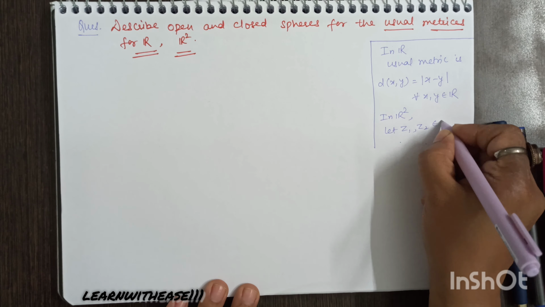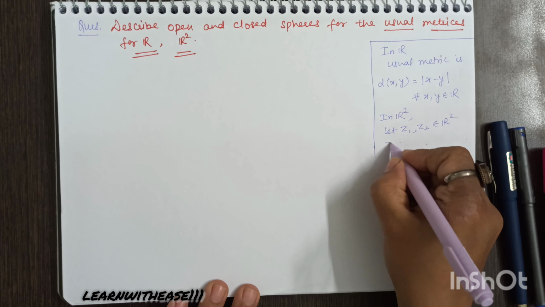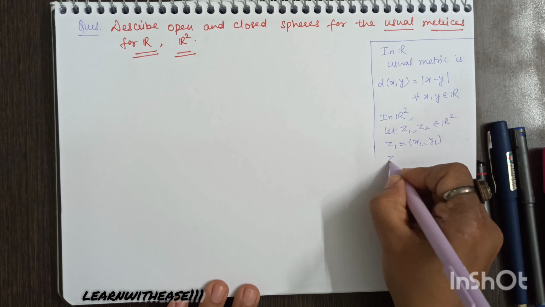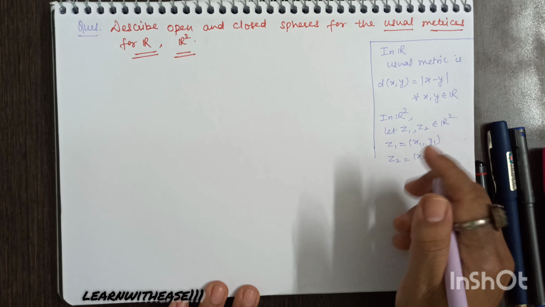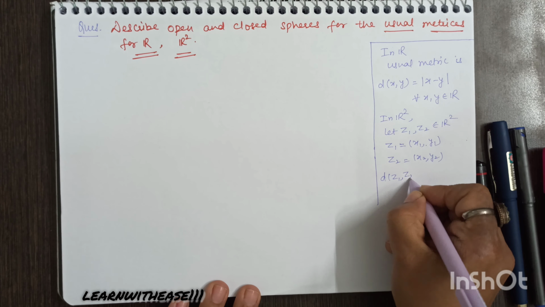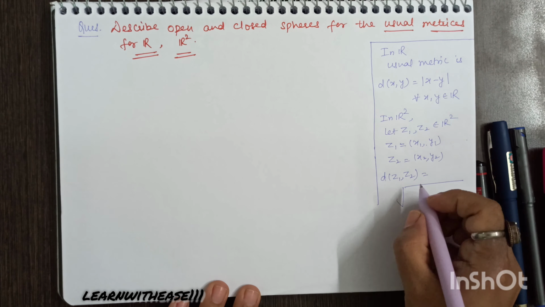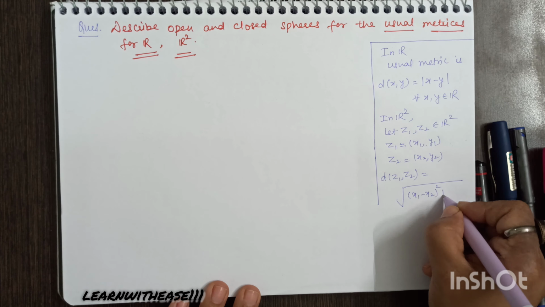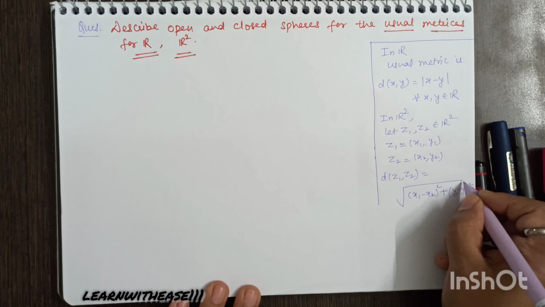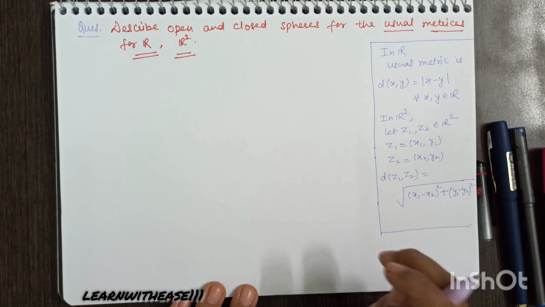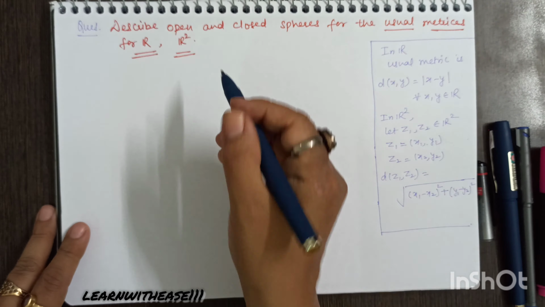And in R2, suppose you take two elements, both of them will be two-dimensional: (x1, y1) and (x2, y2). And the metric is defined as the difference of the first coordinates squared plus the difference of the second coordinates squared, and the whole thing under the square root.